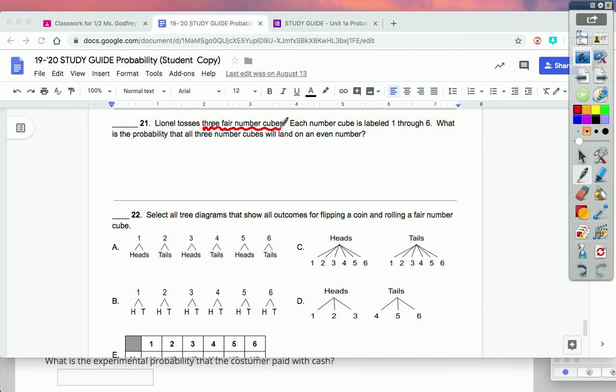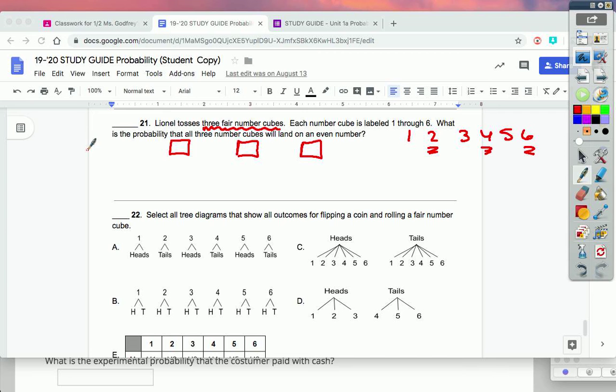For each number cube labeled 1 through 6, what is the probability that all 3 number cubes will land on an even number? So we have 3 number cubes. They're labeled 1, 2, 3, 4, 5, 6. We have 1, 2, 3 even numbers.